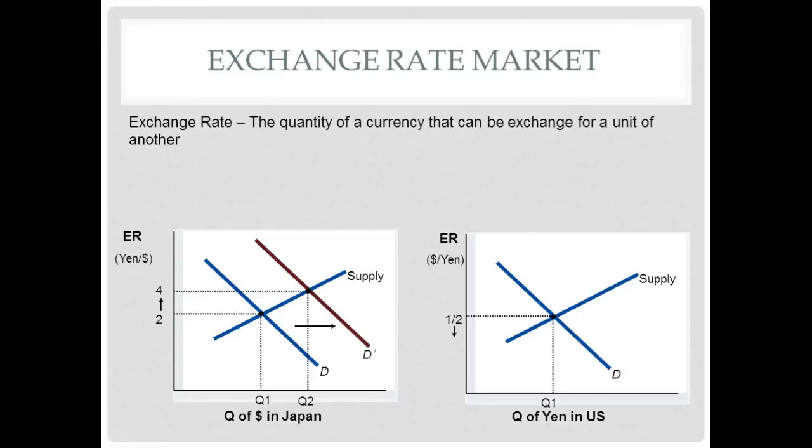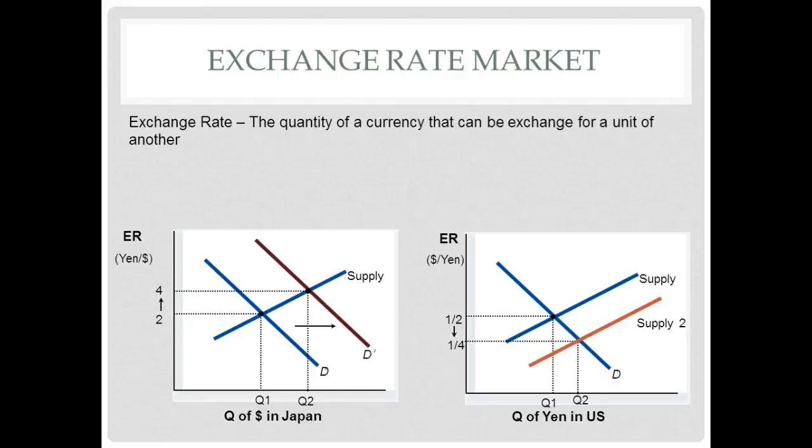Logically, if we used to get a half a dollar for 1 yen, now, since we're getting 4 yen for $1, it must also be true that we only get a quarter of a dollar for the yen. Now, why does that make sense? Well, you'll notice that what happened is the supply of yen increased or shifted to the right. This relationship is always going to happen.